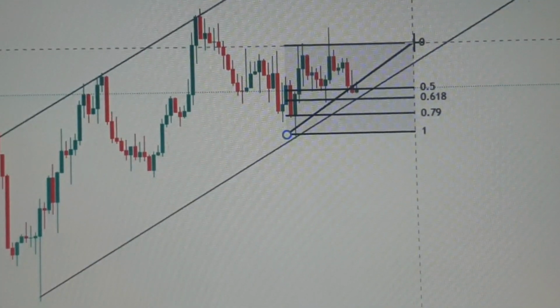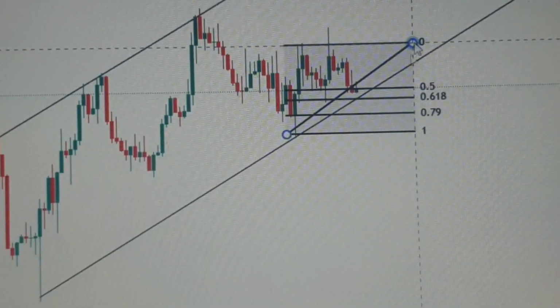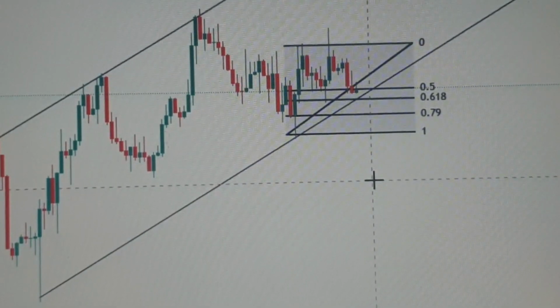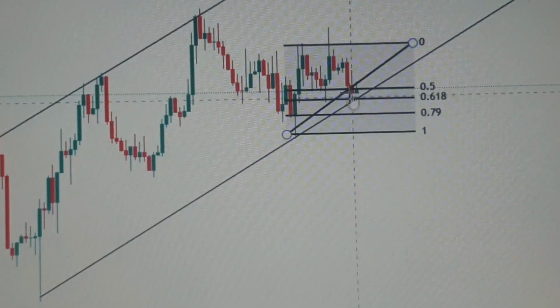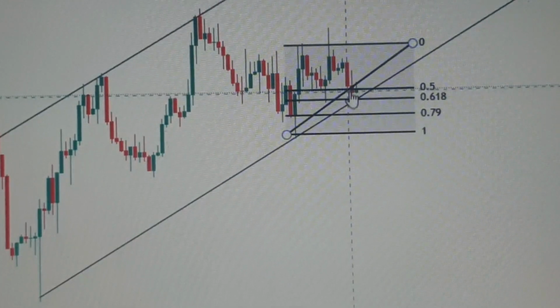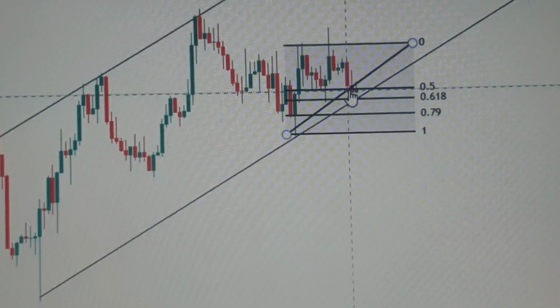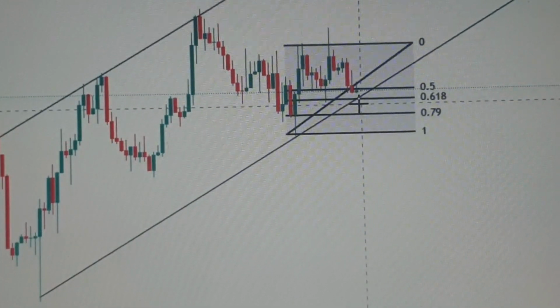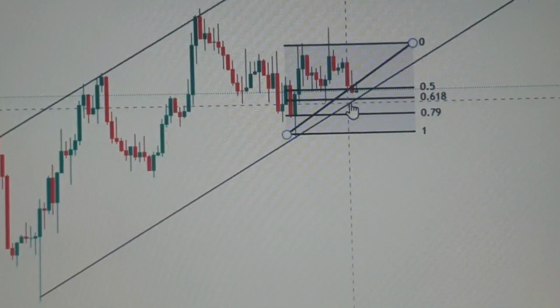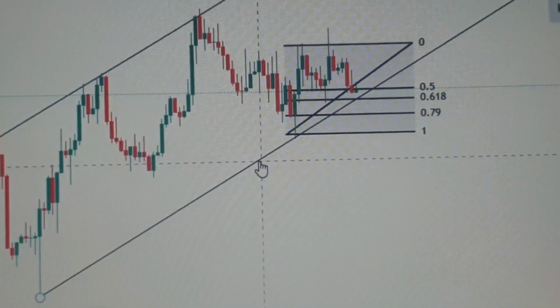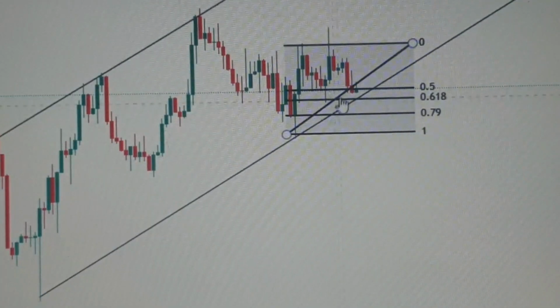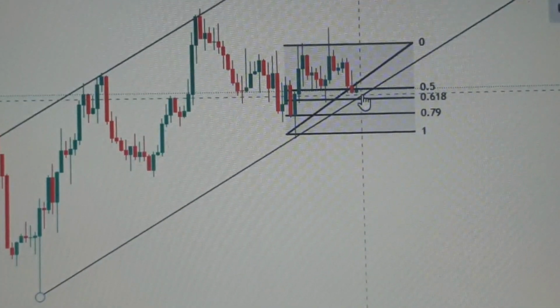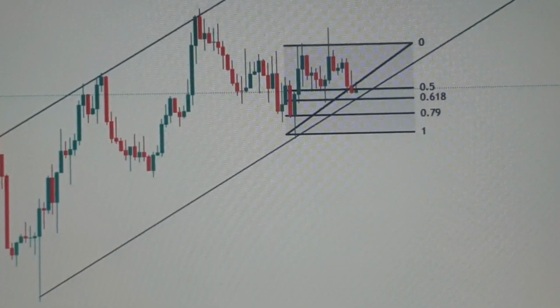If we look clearly into it, we can see that price is actually around the 0.50 fib level, and if it can manage to tap into 0.618, that means it's going to touch this trend line here, and if it rejects around here, we'll be looking for a bullish move from this zone up onto here.